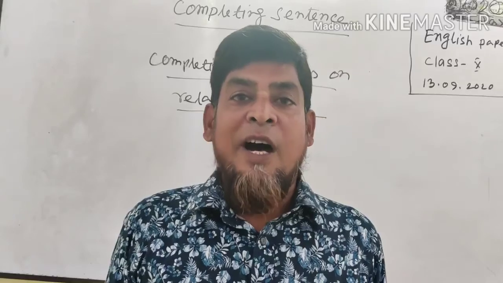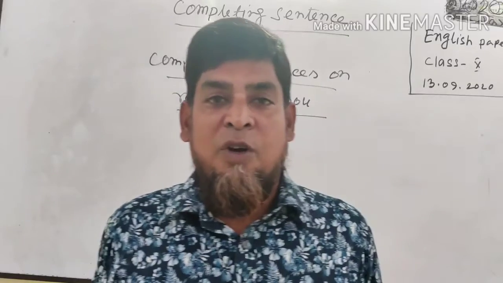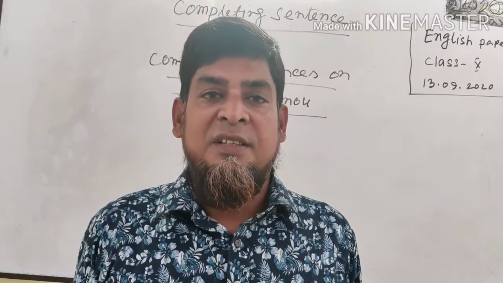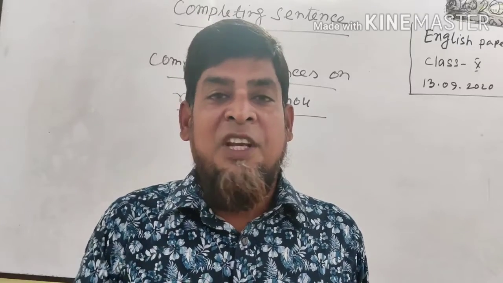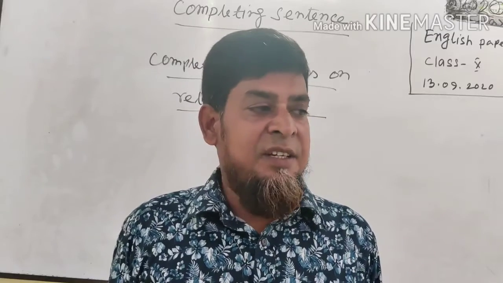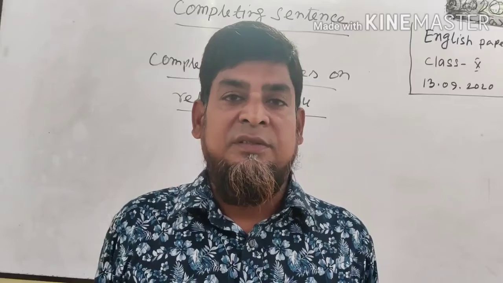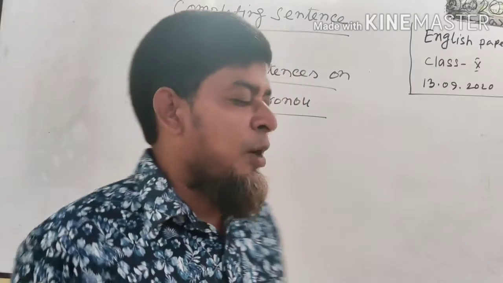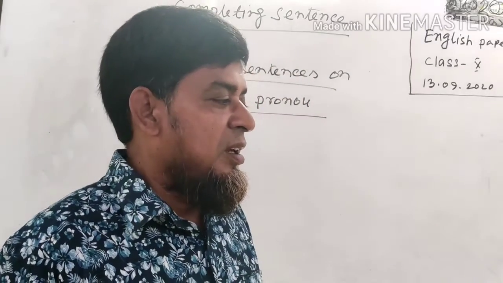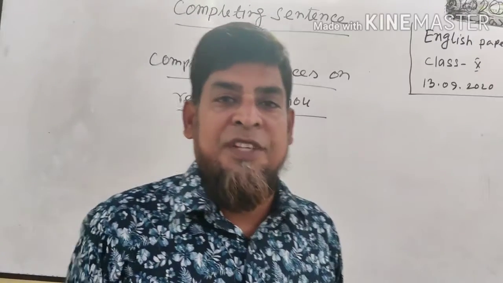Then, what is an antecedent? Antecedent is a noun or pronoun which sits before the relative pronoun, and according to the antecedent, the relative pronoun works. Okay? So, according to the antecedent, the verb is used to complete the full sentence.